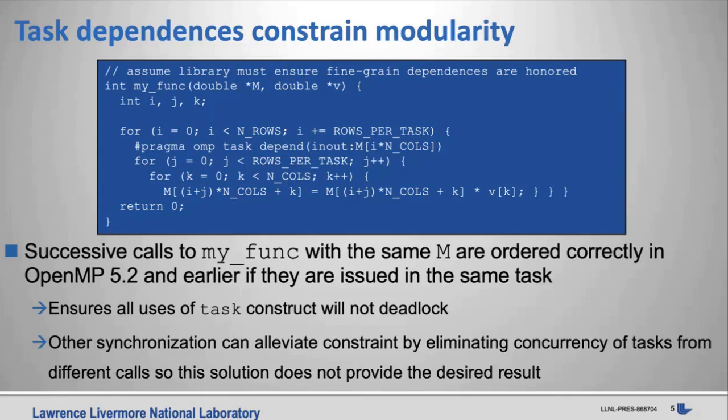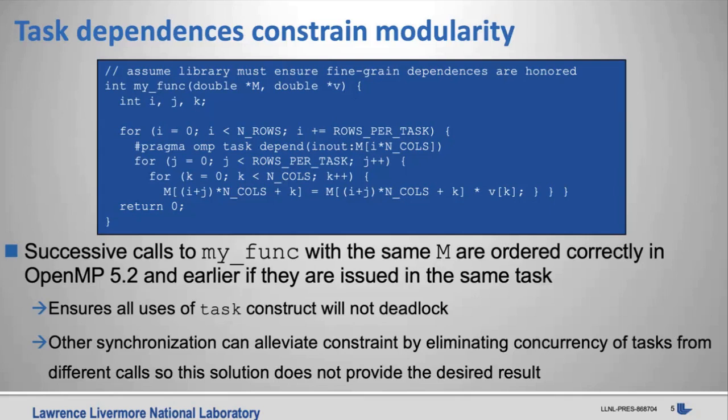The reason for this is that by limiting the dependencies to sibling tasks, we're able to ensure that you won't create a deadlock through those dependencies. You don't really need to do anything other than specify the dependencies. So you can alleviate this restriction, though, that the dependencies only enforce synchronization across that generating task, the encountering task.